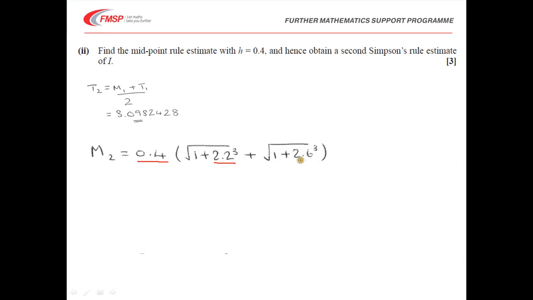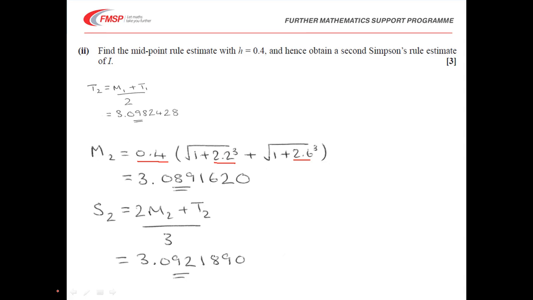And then from 2.4 to 2.8, the halfway mark is 2.6. And so we calculate M2, which is the midpoint rule estimate with h equals 0.4. So we use that with T2, using that weighted mean again, to calculate S2. And there it is to 7 decimal places.